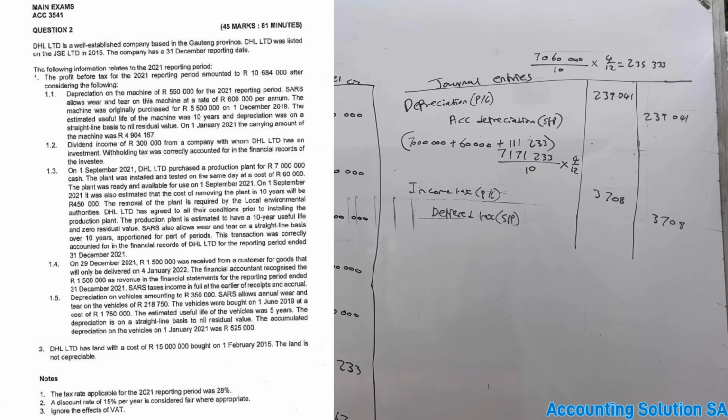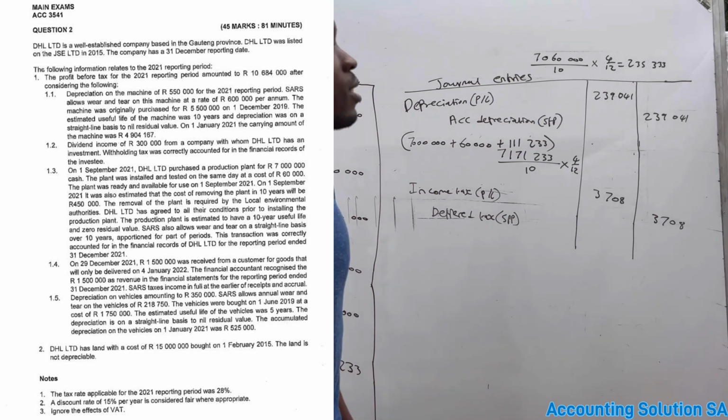Okay, the next transaction. On 29 December, we have 1.5 million that was received from a customer for goods that will be delivered in January 2022 next year. The financial accountant recognized 1.5 million as revenue in the financial statements for the reporting period ending 31 December 2021. SARS taxes income in full on the earlier of receipt and accrual.